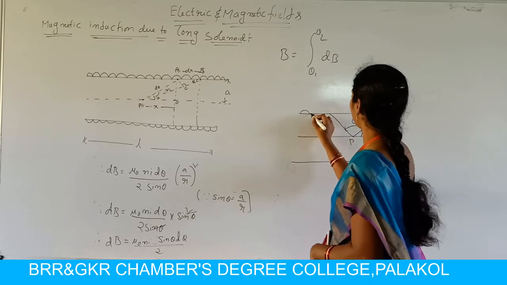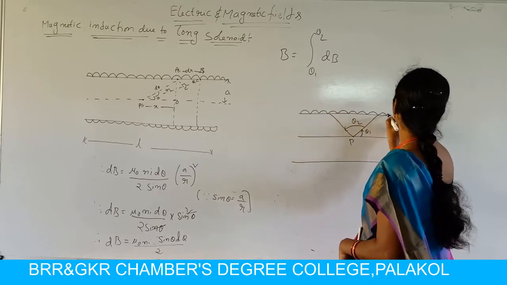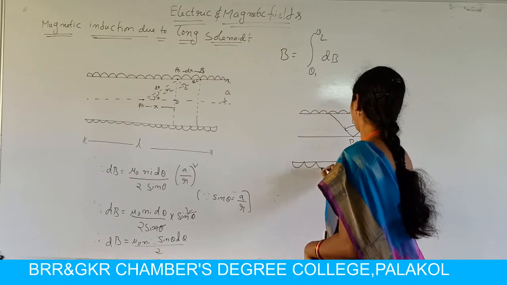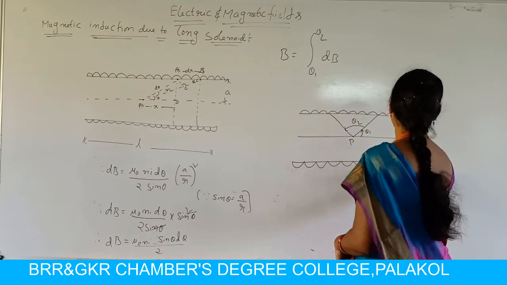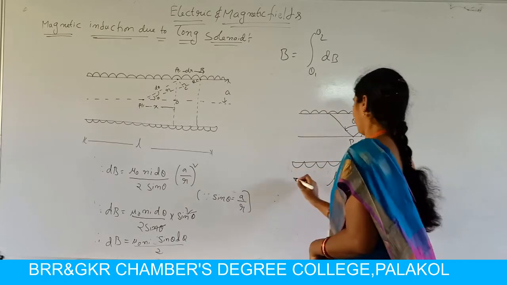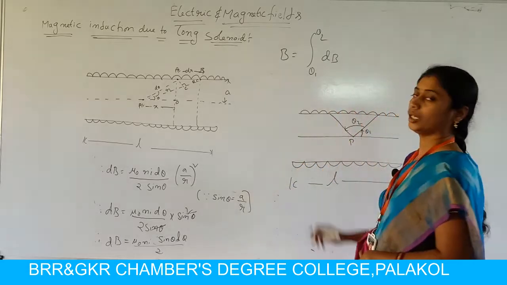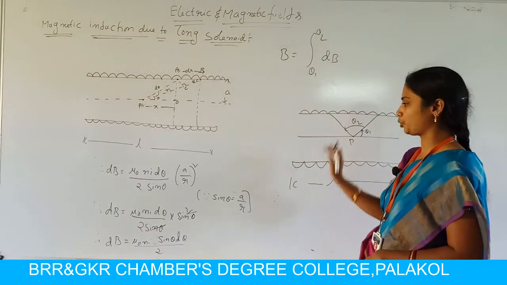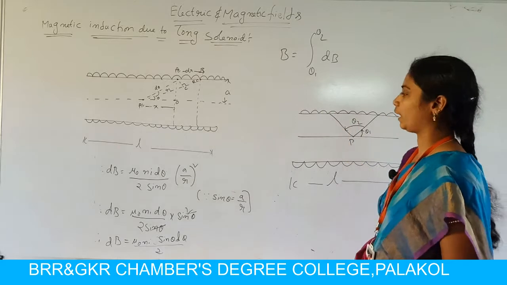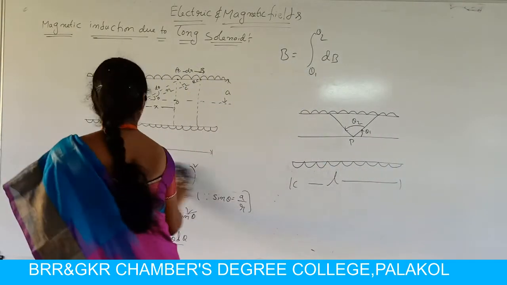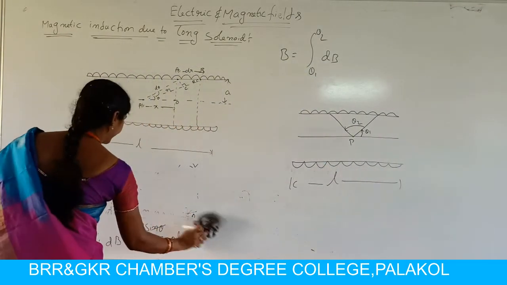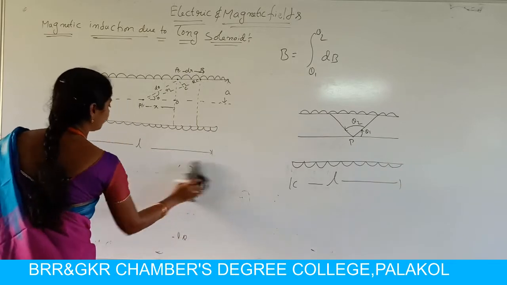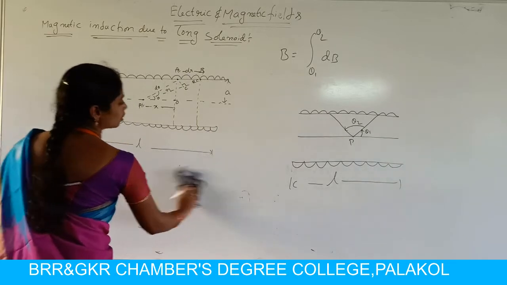These two are the semi-vertical angles made by this point from the two ends of the solenoid. Now we substitute the expression for dB and integrate it, and then we get the magnetic field induction for the entire solenoid.